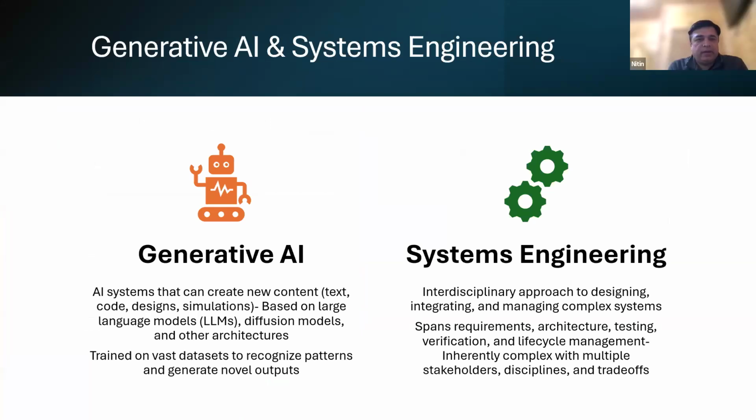So maybe let's first talk about what generative AI is, and then we'll dive into how it's going to help our systems engineering processes in general. Generative AI, or Gen AI, is one type of AI system, and there are various types of AI systems. Generative AI can create new content. The important aspect is creating new content, something which did not exist before.